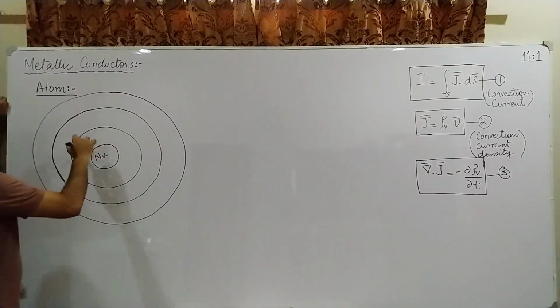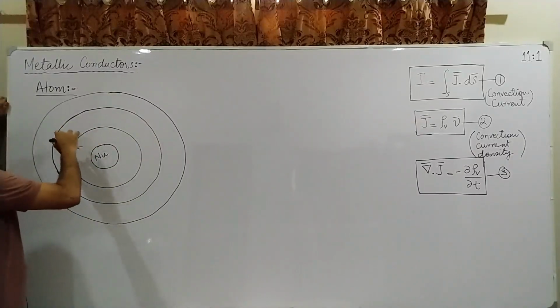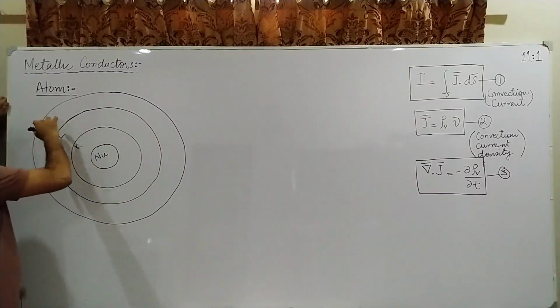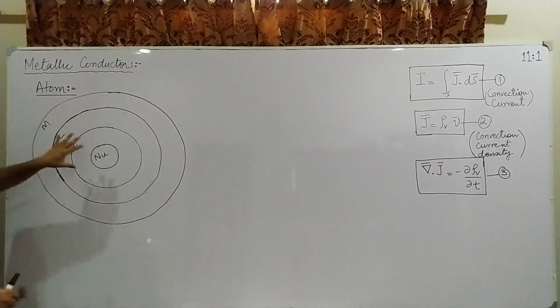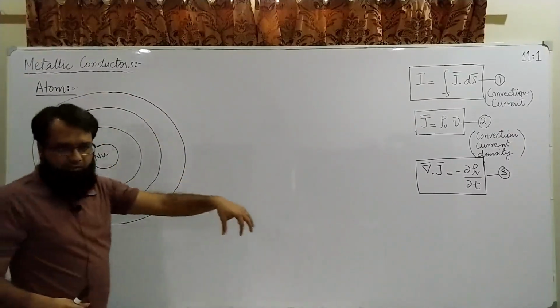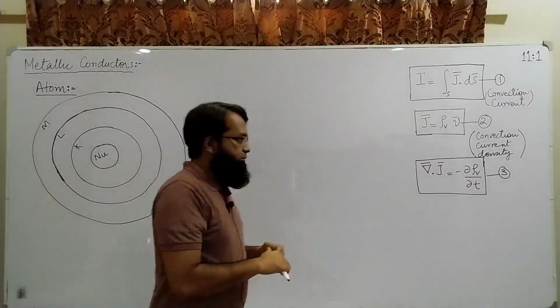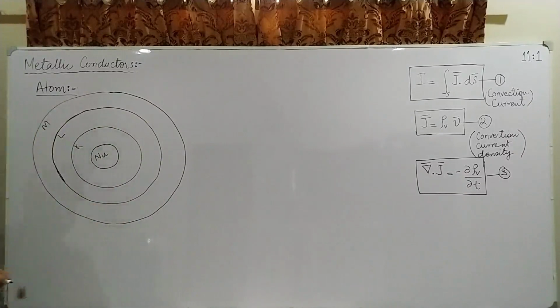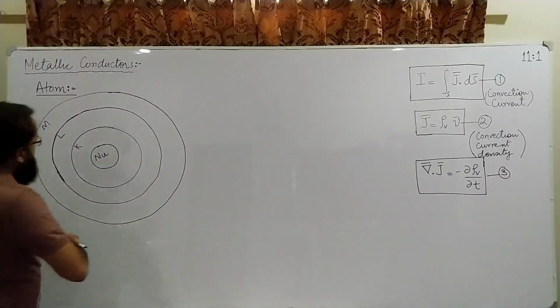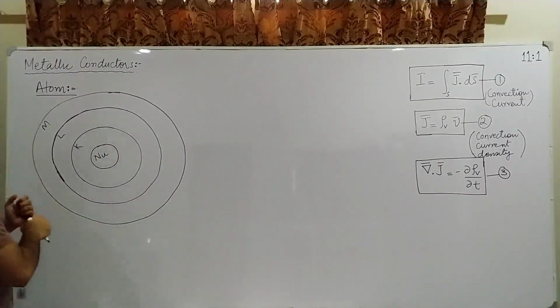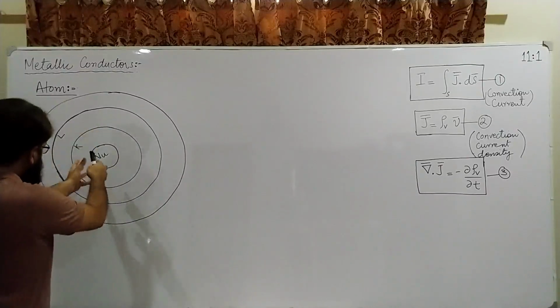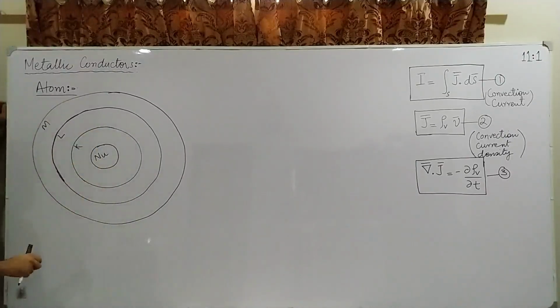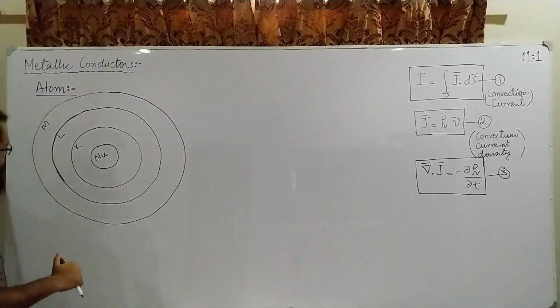There are shells like K shell, L shell, M shell, and each shell is made up of several subshells. You must remember the S, P, D, F, G subshells, and so on. We are not interested in everything given by the quantum mechanical model of an atom.